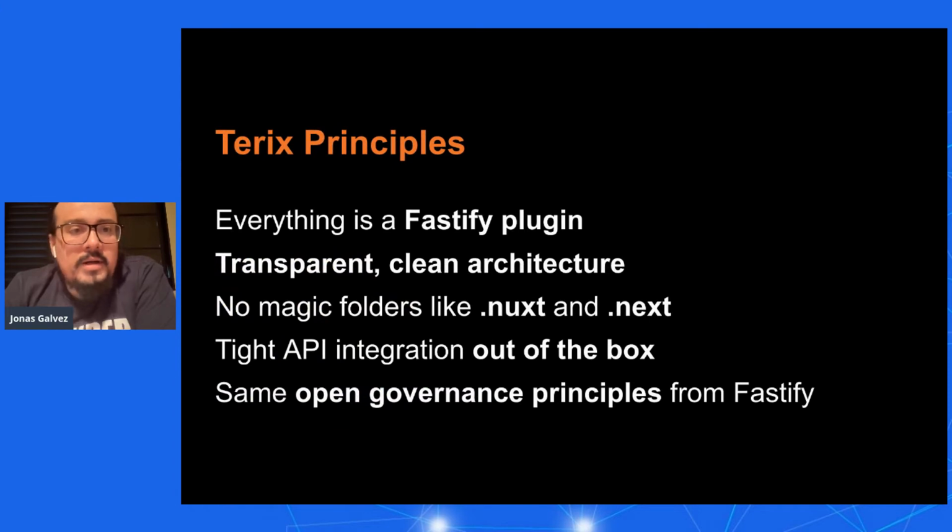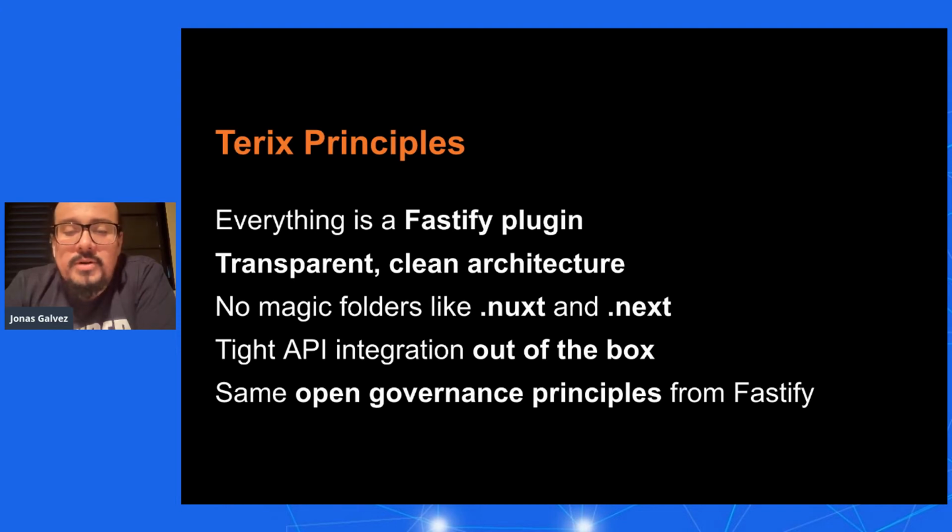So what are some principles that I want to have for this new framework? Everything is a Fastify plugin. I want a transparent, clean architecture. I want no magic folders like .nuxt and .next, because when you use Nuxt.js or Next.js, what you have is a hidden application folder that contains most of the actual app logic.